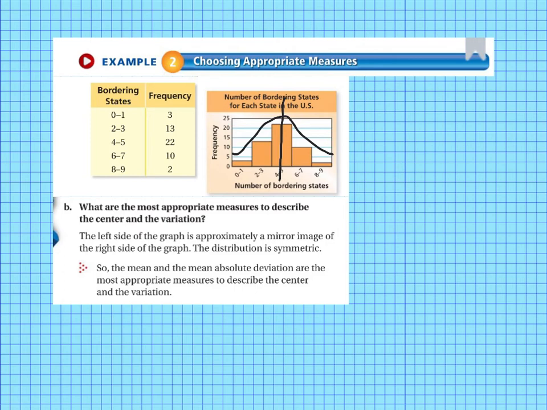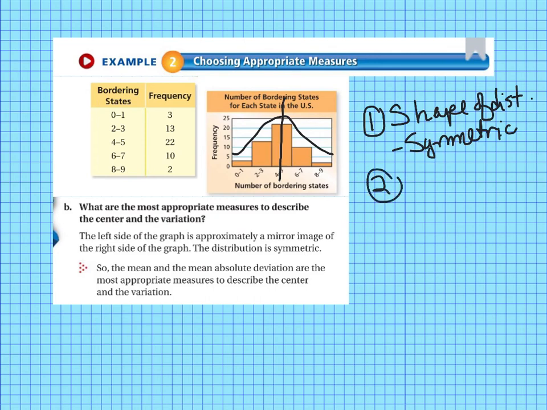So our steps here are 1, we find the shape of the distribution. Which in this case is symmetric. And 2, we find our best measure of center.